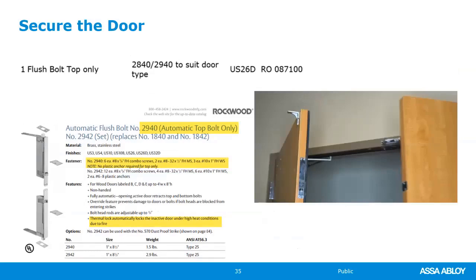We secure the door, the inactive leaf first. So flush bolt top only, the 2940 automatic flush bolt. And you can see this has the little latch that sticks out, it projects. This piece comes with the coordinator, and this is what raises up the coordinator. This is a strike plate that comes with the automatic flush bolt so that when this hits the latch, it projects into the top.